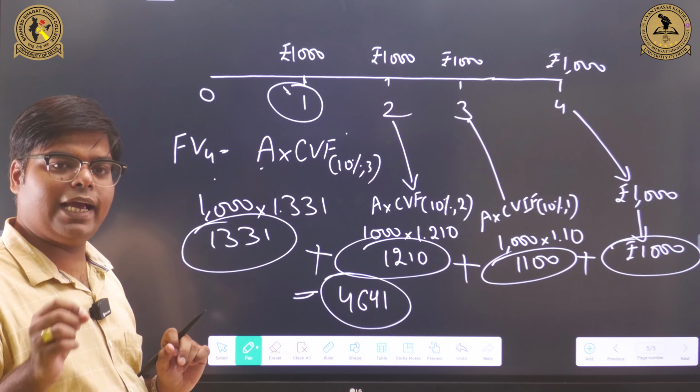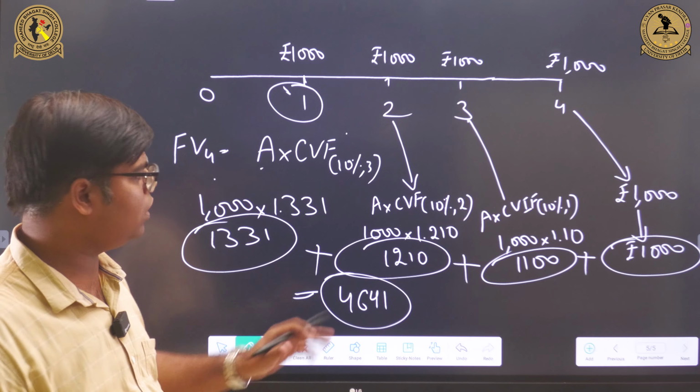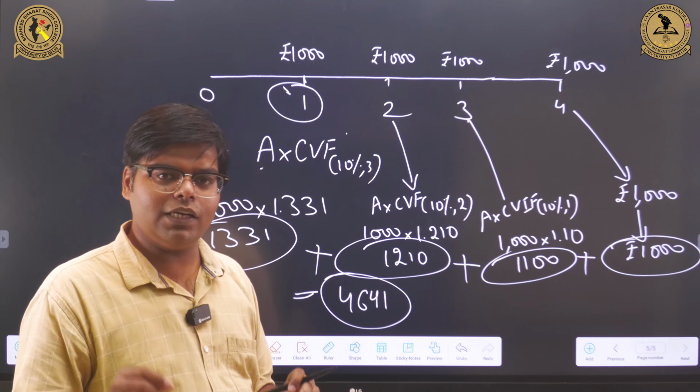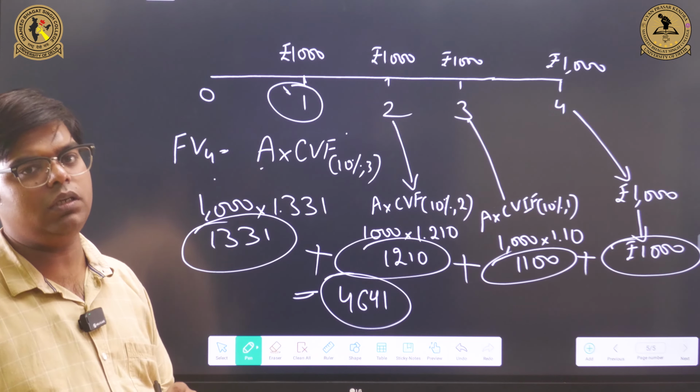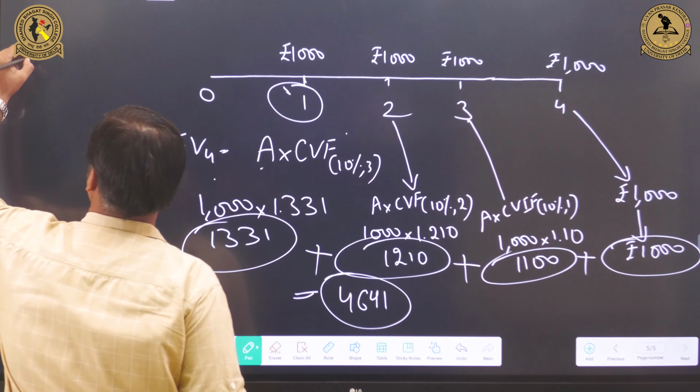However, if my cash flows are not in the form of annuity, if they are unequal, then I need to follow the same procedure. However, if they are in the form of annuity, then we can also adopt a shortcut formula.